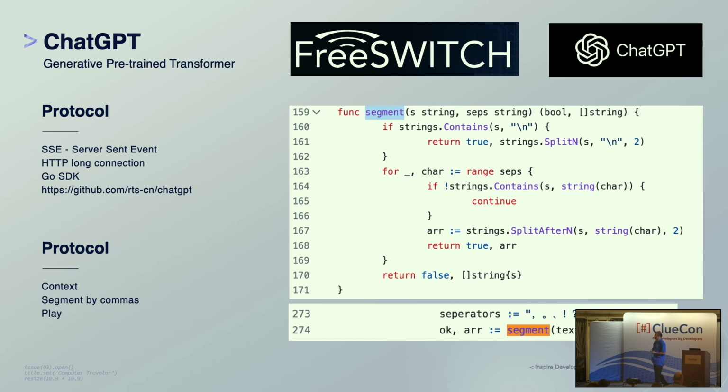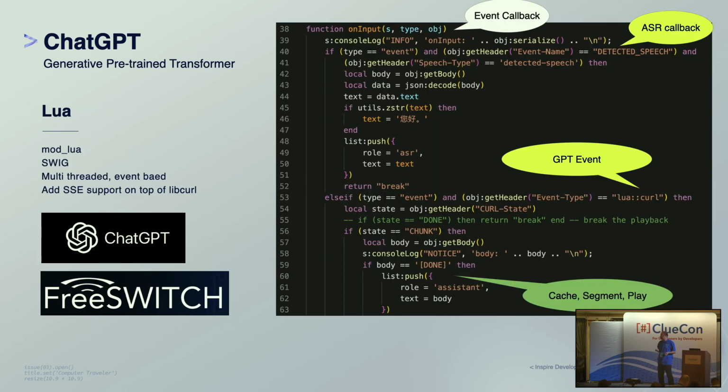So we did one trick, we called it segment. We split the text according to punctuation. Whenever we receive a punctuation from ChatGPT, we send it to TTS, then stream that out. So it basically works.